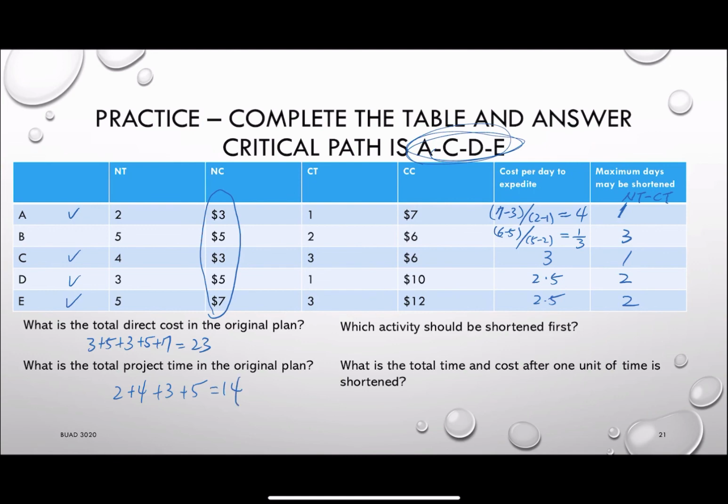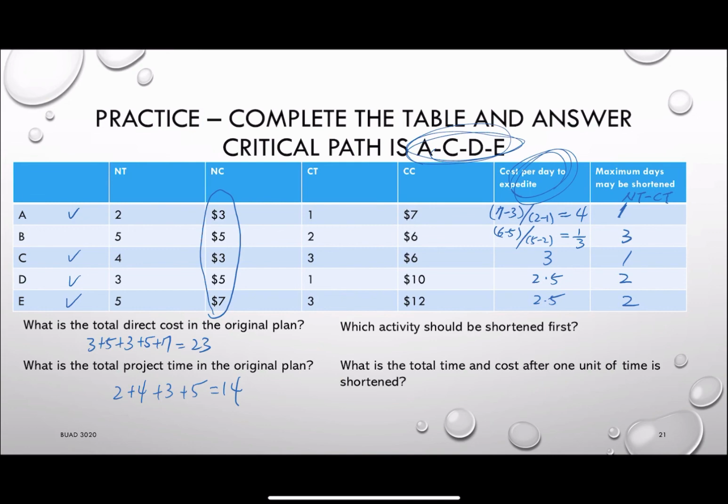Now, if I try to shorten the duration of the project, which one should I choose? You check the cost per day to expedite to see which one is the cheapest one. And as you can see, B is the cheapest one. However, B is not on our critical path, so we should ignore that.